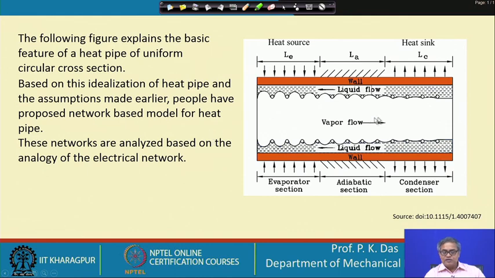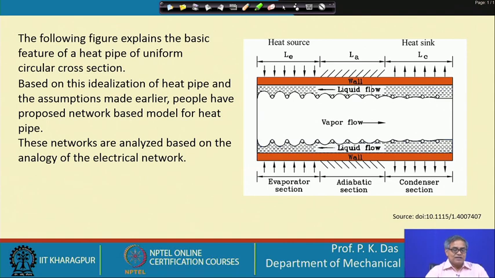Vapor is moving in this direction and liquid is moving in the opposite direction in a counter flow or counter current kind of manner, and this circulation of vapor and liquid flow has to be supported by some sort of a pumping power, and that pumping power is coming from the capillarity of the design. So, this is very important.